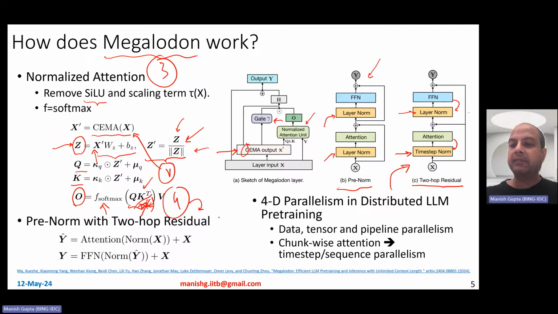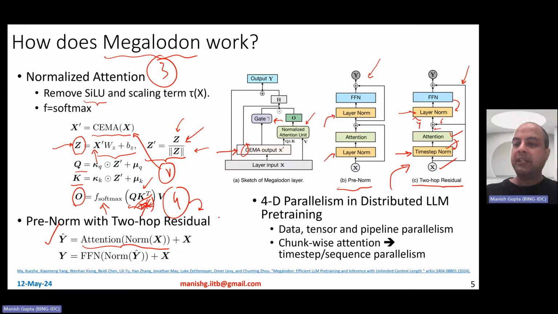But you also have this interesting residual connectivity, where you take the X, you do time step normalization, attention, and you get Y hat right here, as a combination of this arrow and this arrow, right? So essentially attention over normalization of X, plus X.